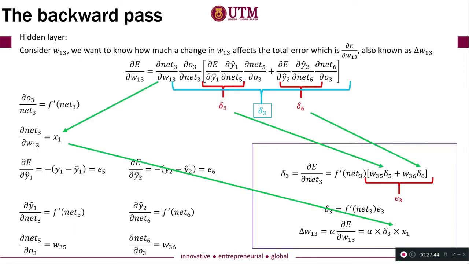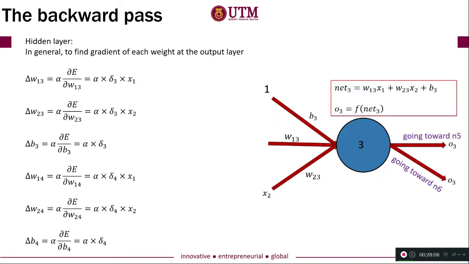So in general, if you can repeat the same process, the same expression, the same formula, you can derive each and every updater involved in the hidden layer. It doesn't matter whether it is W or B. So in general, you can summarize it this way.